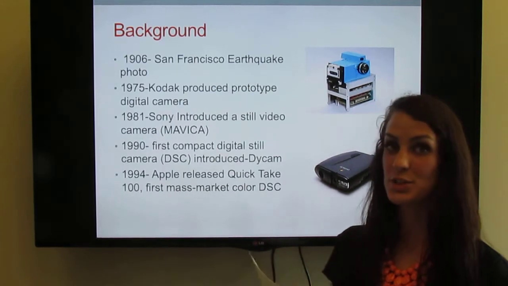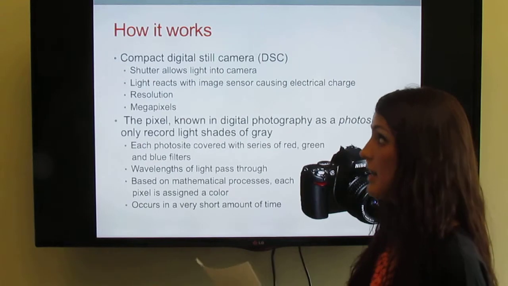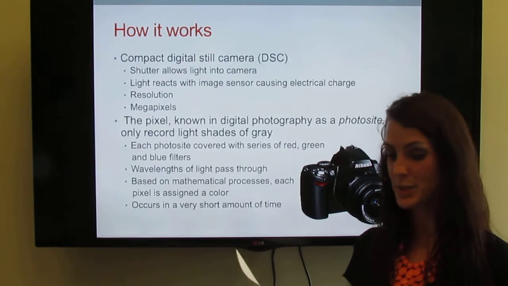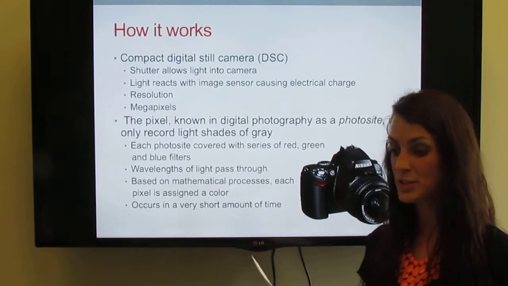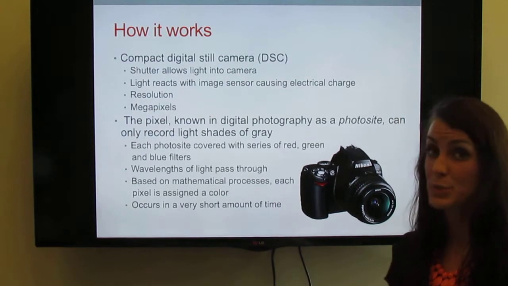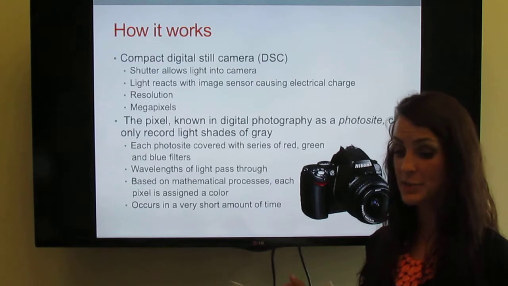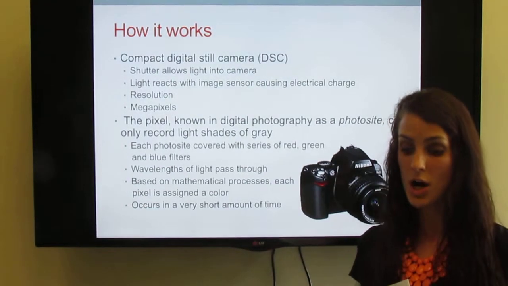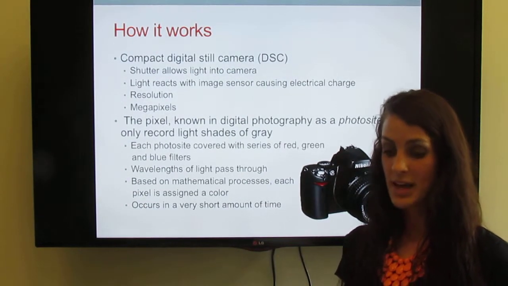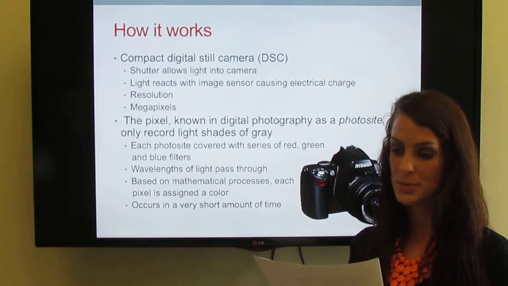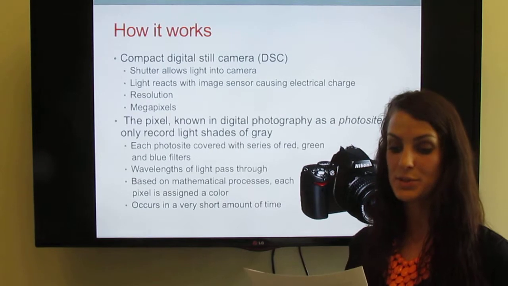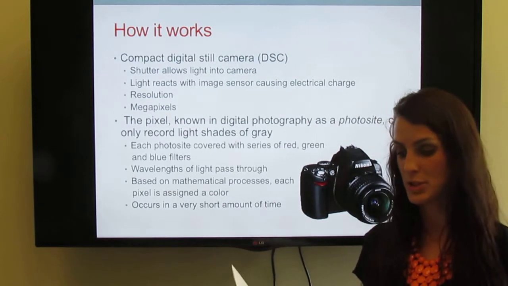Now we'll go into a little bit of how the compact digital still camera works. First, the lens and the shutter will allow light into the camera based on the aperture and the exposure time. Then that light reacts with an image sensor, causing an electric charge. The size of the sensor and the number of picture elements, which are also known as pixels, found on it determine the resolution or quality of the captured image.